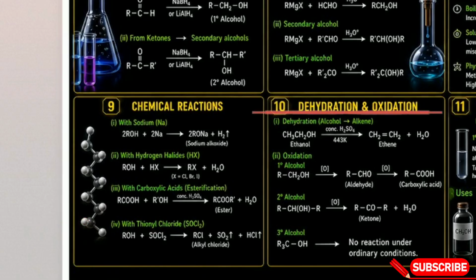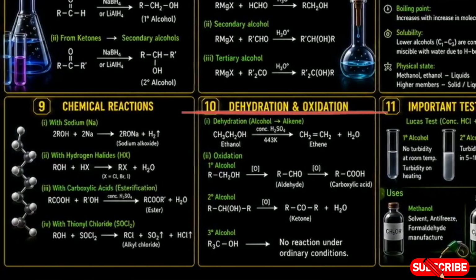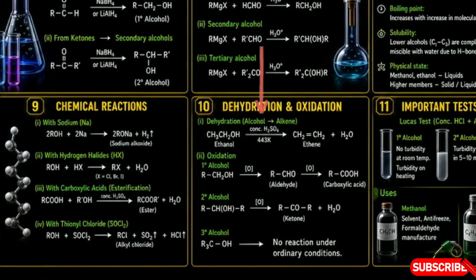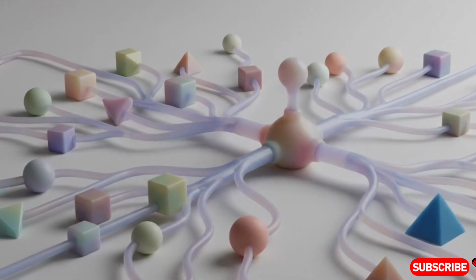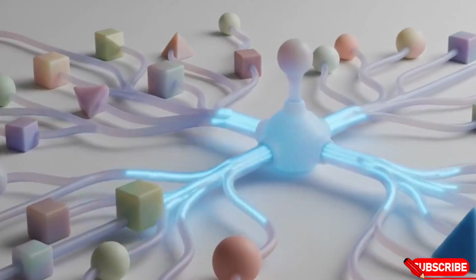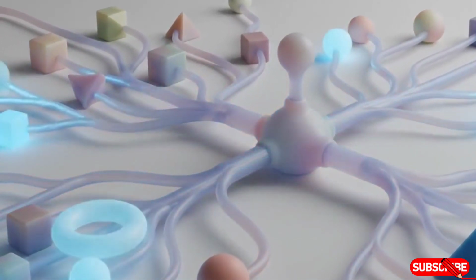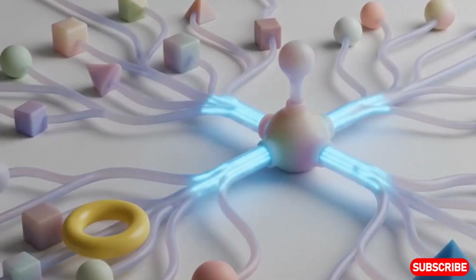Moving to panel 10, we can even rip the water out entirely. By reacting an alcohol with concentrated sulfuric acid at 443 Kelvin, we undergo dehydration, eliminating the OH group and reverting the molecule back into a double-bonded alkene. Alcohols function as versatile chemical transit hubs. In organic chemistry, they provide the starting pathways used to manufacture entirely different families of compounds.